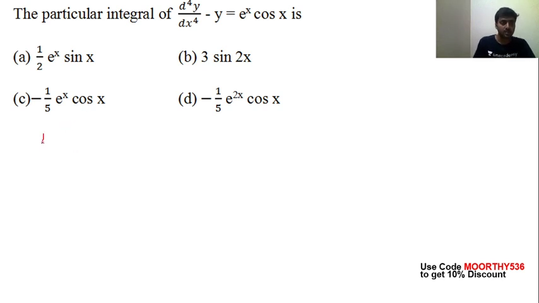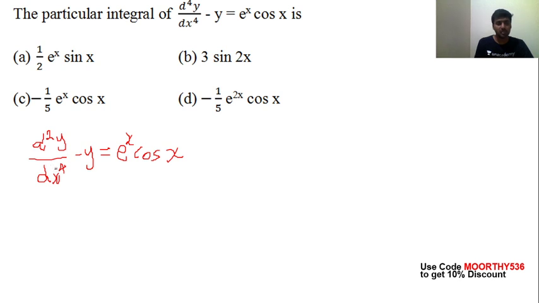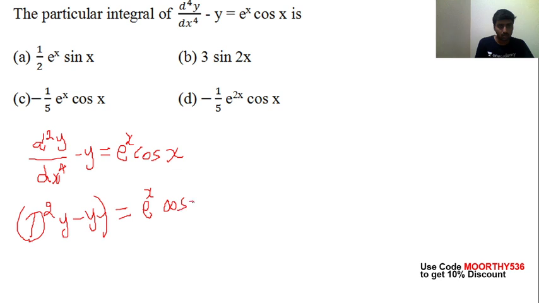The equation d power 4 y divided by dx power 4 minus y is equal to e power x cos x is converted: instead of d divided by dx we substitute capital D, so D power 4 y minus y is equal to e power x into cos x.